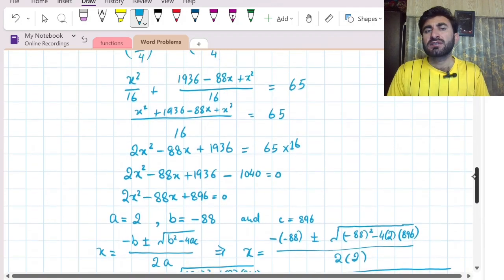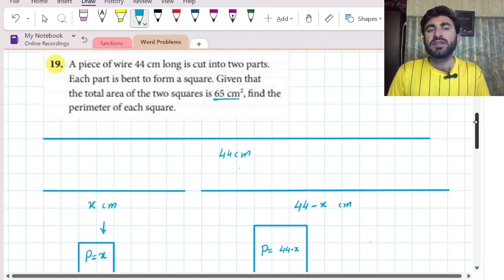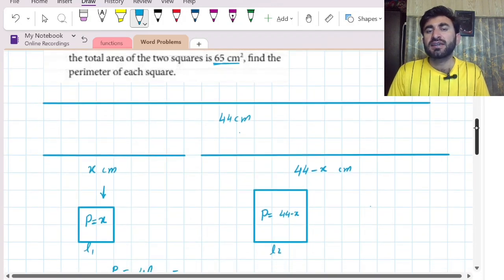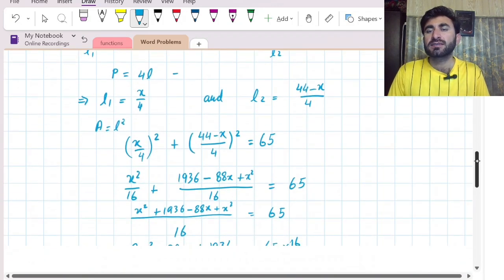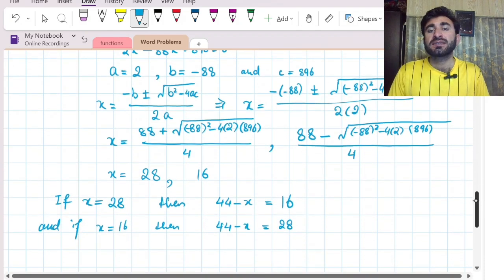As it said in the question, find the perimeter of each square, and we know the perimeter of the first square was x and the other was 44 minus x. So the perimeters we calculated over here are 16 and 28.